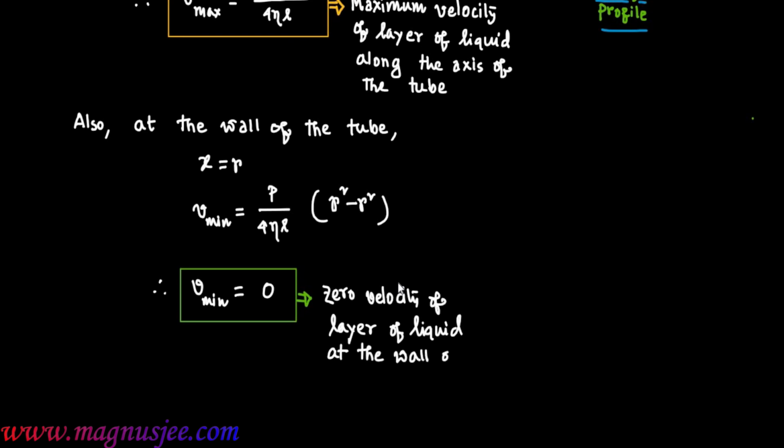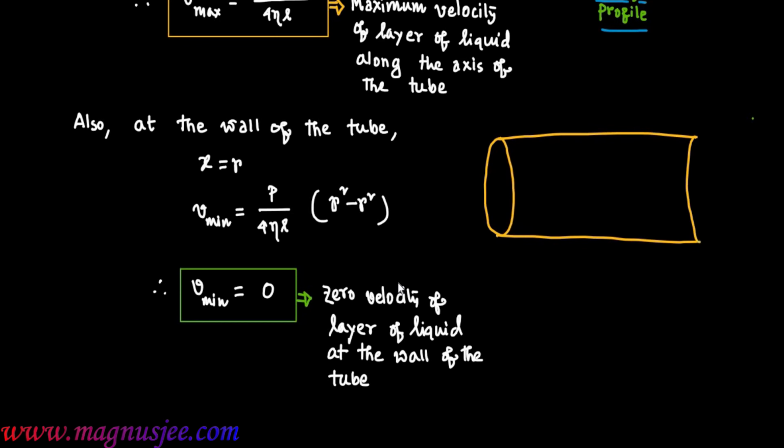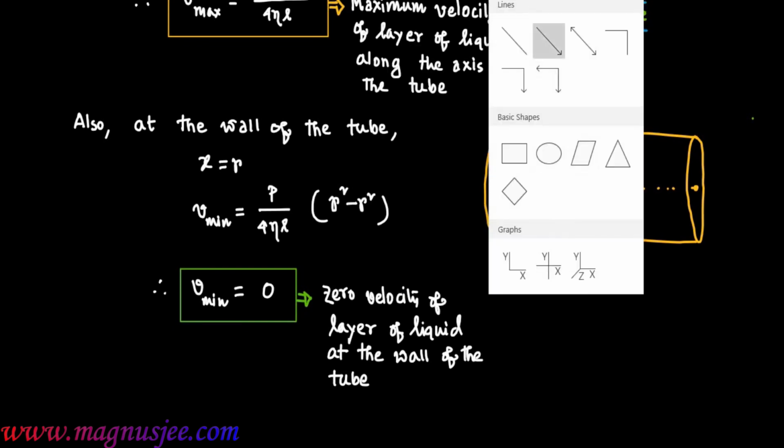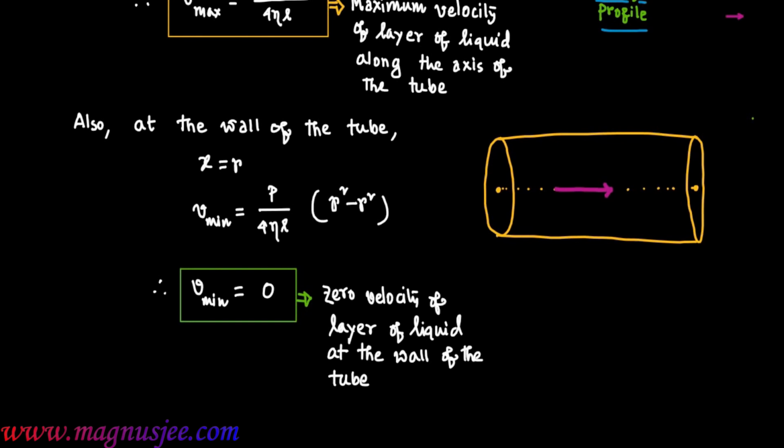That means liquid will be at rest at the wall of the tube, but liquid will be moving with the maximum velocity along the axis of the tube. We can draw the tube again. This is the horizontal tube along which a liquid will be in steady flow or laminar flow, and the layer will have maximum velocity along the axis at the distance x is equal to 0, and velocity will be Vmax.